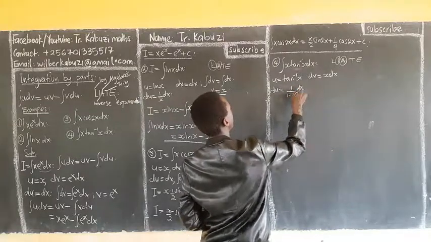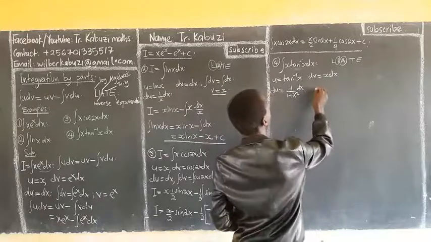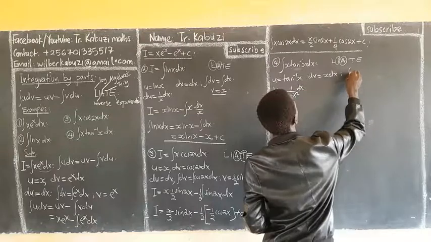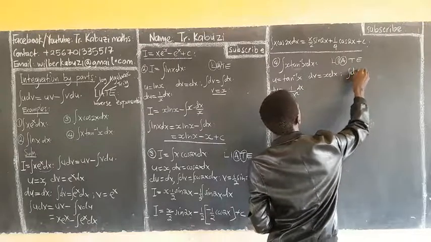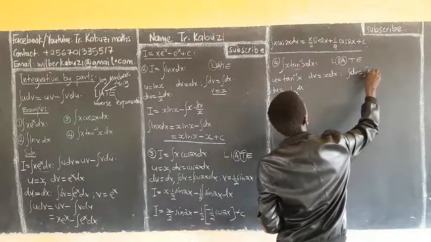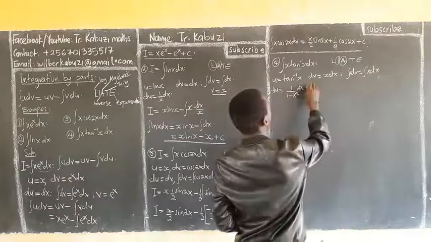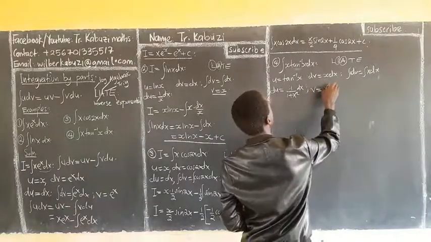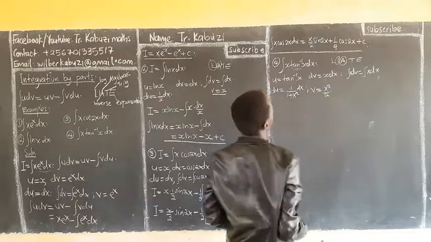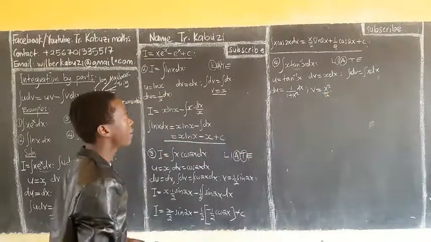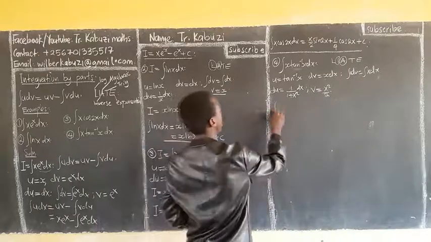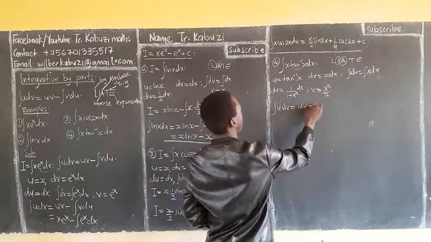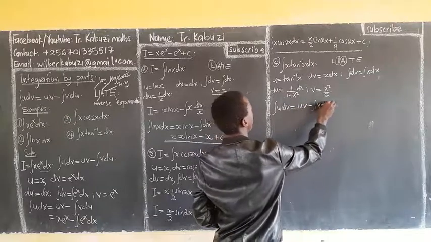And I'm integrating x, so that the integral of dv equals the integral of x. From here, my v, we integrate this, we get x squared over 2. Then we substitute into our formula. Our formula is the integral of u dv is equal to uv minus integral of v du.